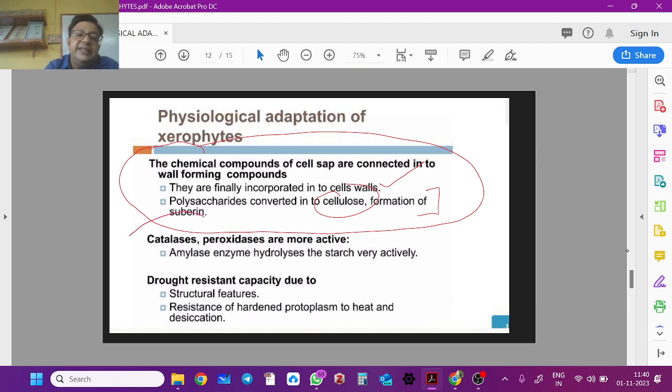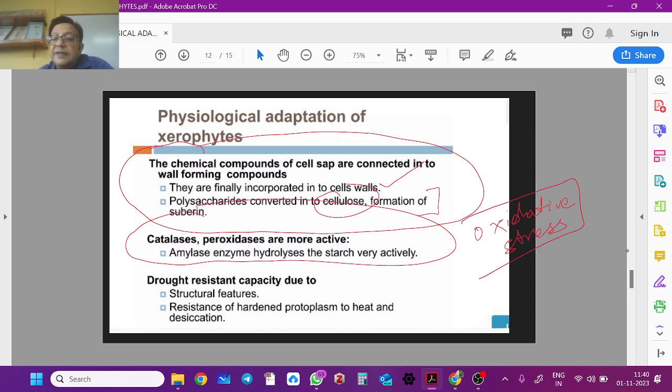Then you have catalases and peroxidases, which are more active, because these enzymes reduce oxidative stress.